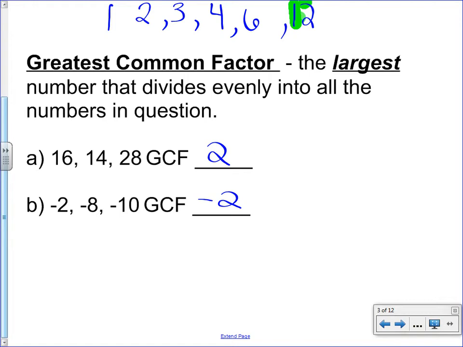Typically, if you have all negatives, you want to factor out a negative. So if I gave you -2, -8, -10, you're going to factor out the greatest negative number. Get rid of all those negatives. Okay, so you're right. I can divide -2 by -2, I can divide -8 by -2, and I can divide -10 by -2. Okay, so those would all be my greatest common factors. Anyone have any questions about that?